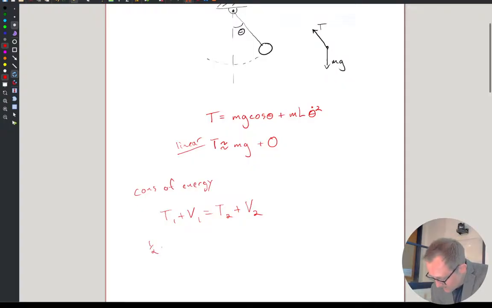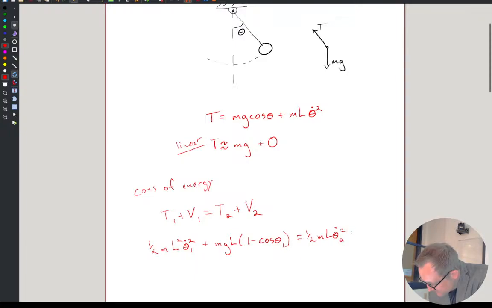So we could say 1/2 m L squared theta dot squared plus mg L times 1 minus cosine theta, or we could calculate mgh and v and add them up.